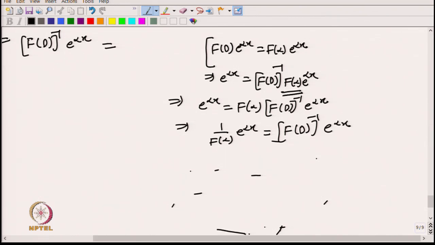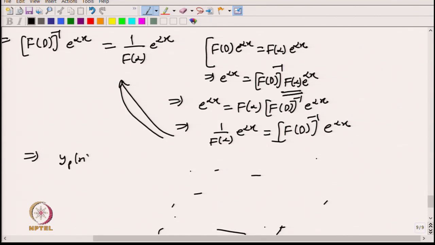So, going back, f of D inverse e raised to power alpha x can be written as 1 over f of alpha e raised to power alpha x. So, my y p of x in this case will be 1 over f of alpha e raised to power alpha x.